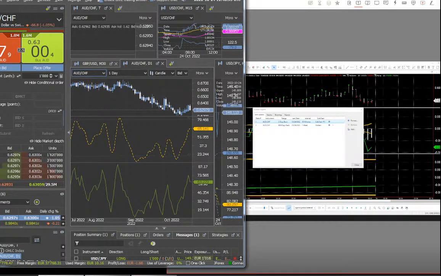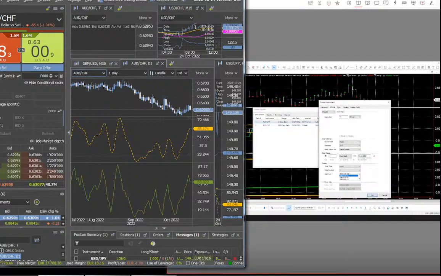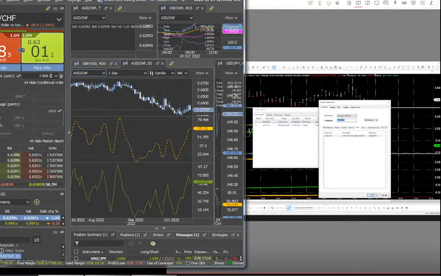Let's load that in. Instrument. NZD. We have to add that too. Okay. NZD. Look up. There it is. Swiss. Add.